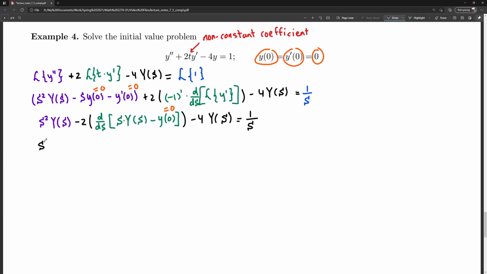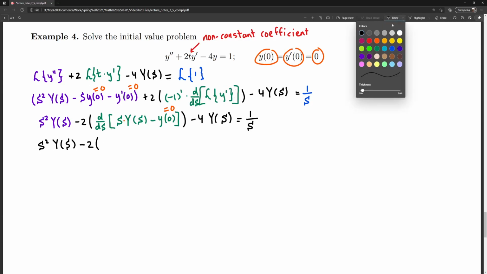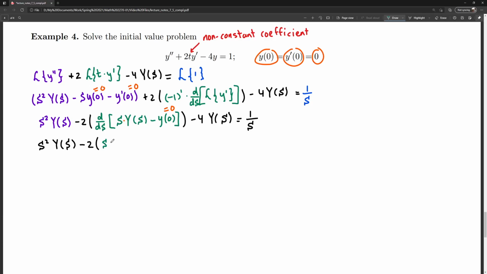So this is s squared times Y of s minus 2 times, and then we have s times the derivative of capital Y with respect to s.